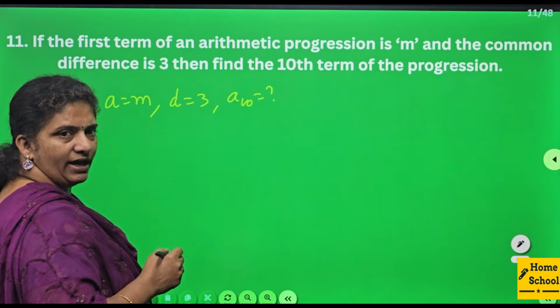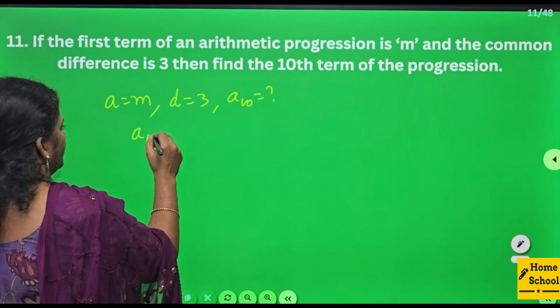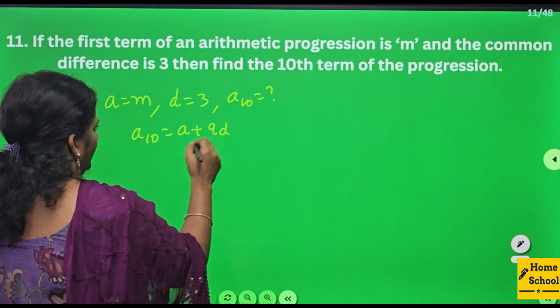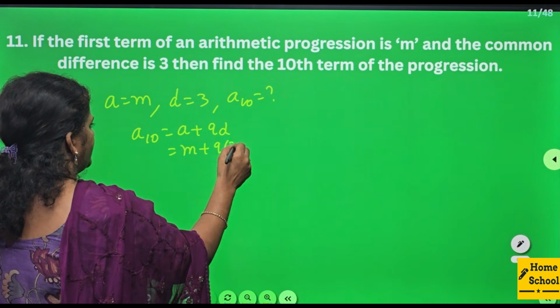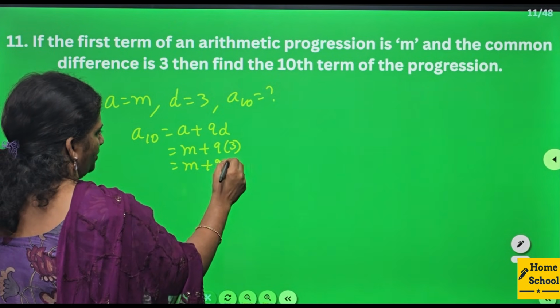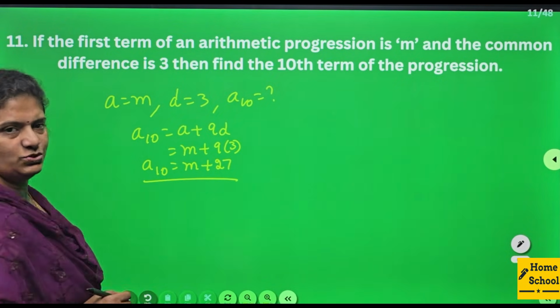An is equal to a plus n minus 1 into d. So I go with A10 is equal to a plus 10 minus 1 will be 9d. Substitute a value m, d value is 3. That is m plus 9 3s are 27. 10th term is m plus 27.